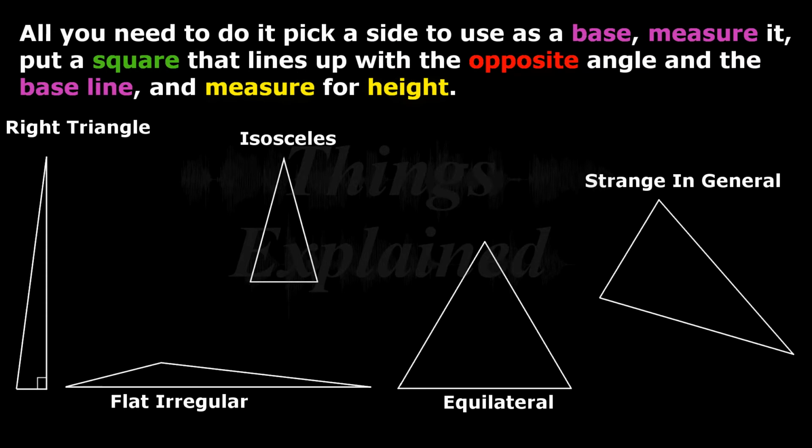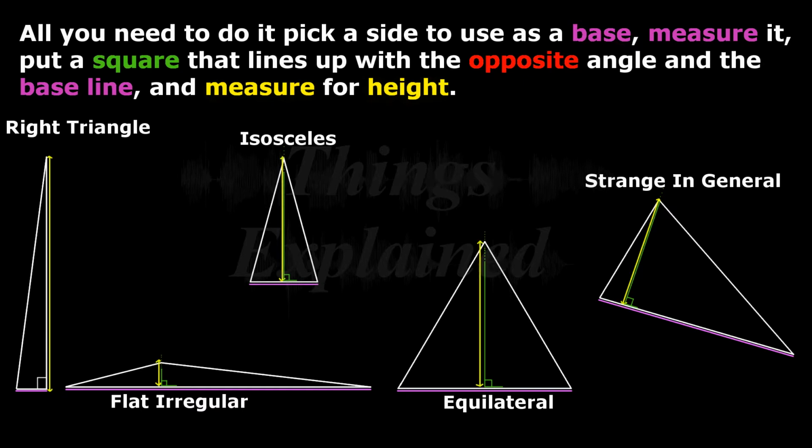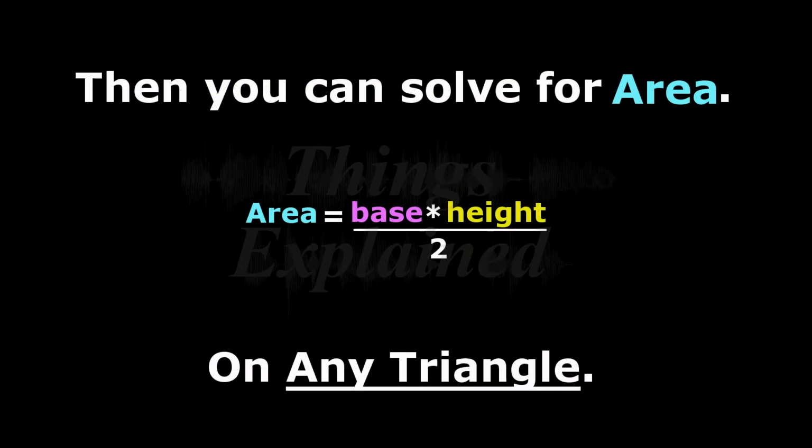All you need to do is pick a side to use as a base, measure it, put a square to it that forms a right angle that lines up with the opposite angle. Then measure along that line for height. With this formula, you can solve for area on any triangle.